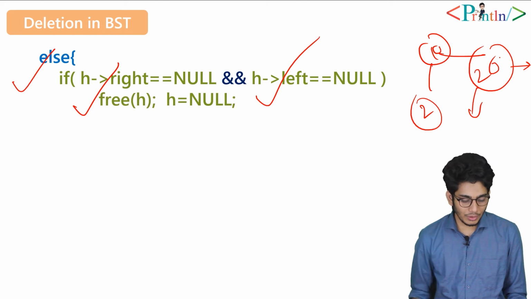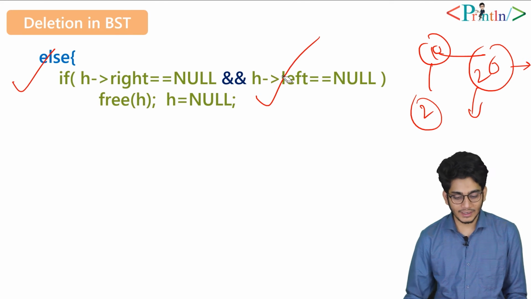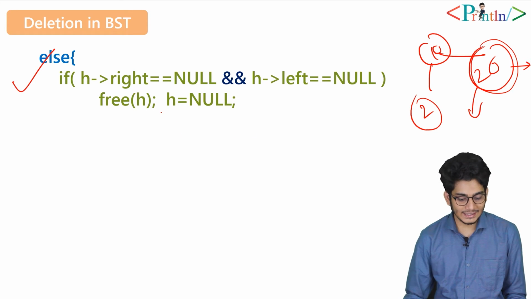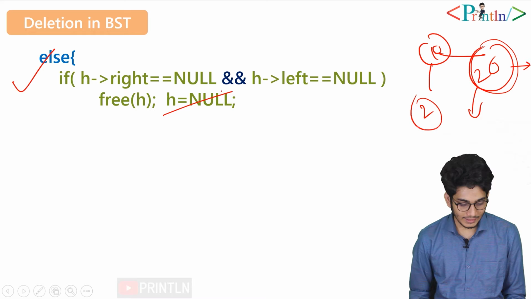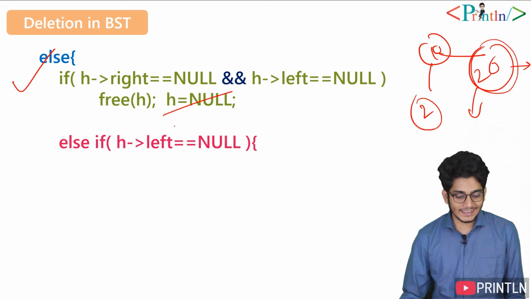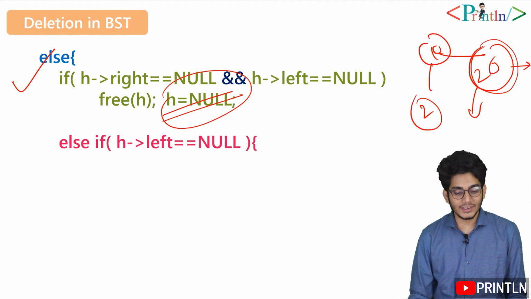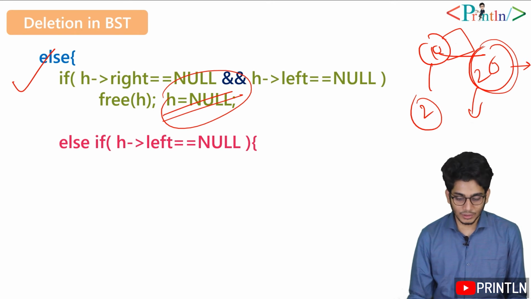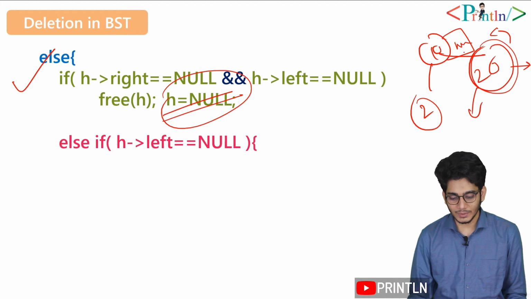So we'll simply free the 20 and set h equals to null. Why am I setting h equals to null? We'll simply return this h and it will be added at the right of 10. So we'll return null here.